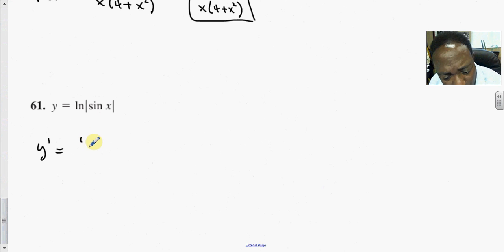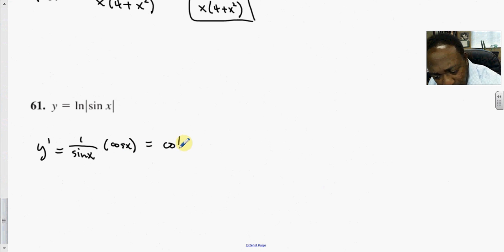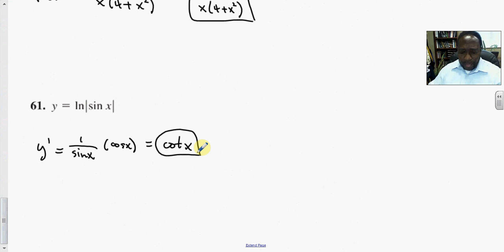So this is 1 over the term, which is sine x, and times the derivative of sine x, which is cosine x. And so all we have here is cotan x.